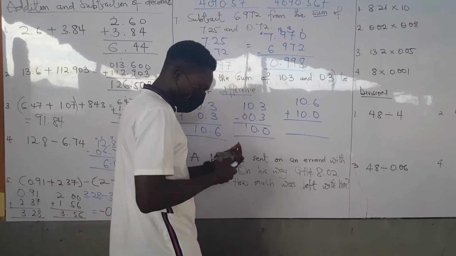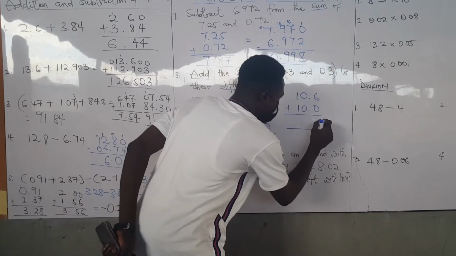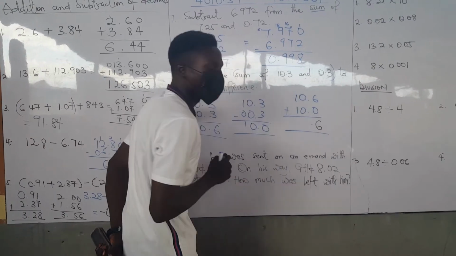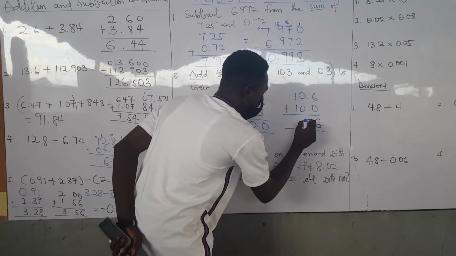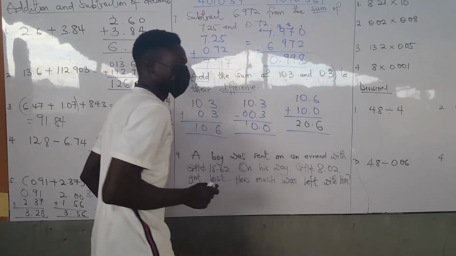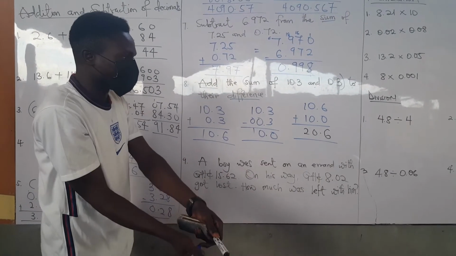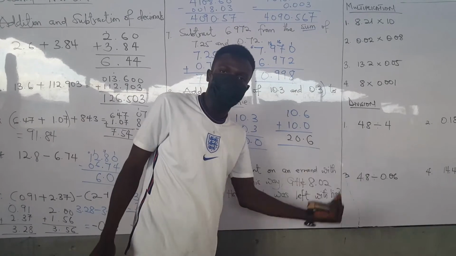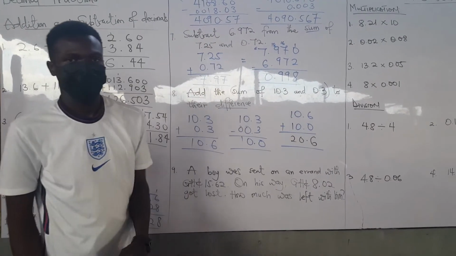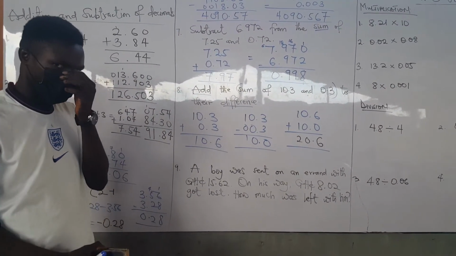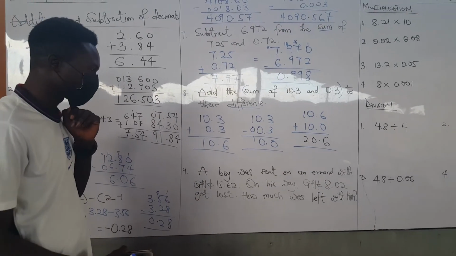So I'm just to perform the addition. So this will give me 6 here, 0.02. So putting the sum and the difference together, we are going to get 20.6 as our final answer. Let's look at the last word problem.